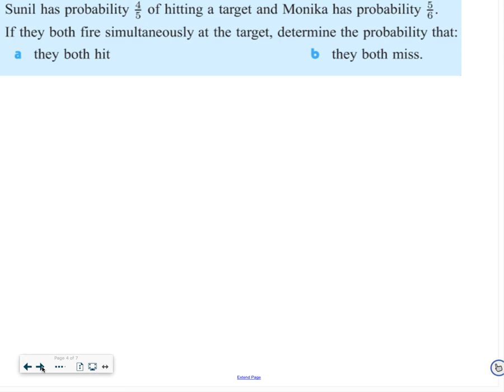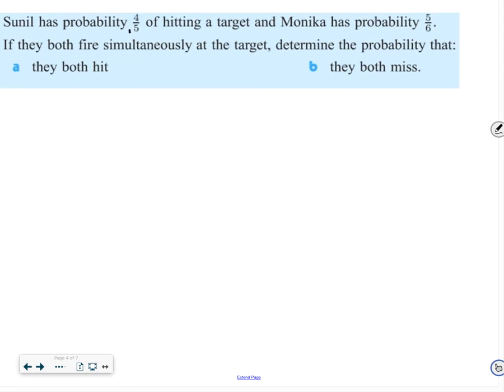Number 4: Sunil has a probability of 4/5 of hitting a target, and Monica has a probability of 5 out of 6 of hitting that same target. They both fire simultaneously at the target. Determine the probability they both hit. Using the multiplication principle established by the two-dimensional grids, I can just multiply my two probabilities.